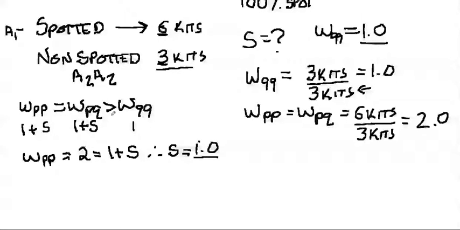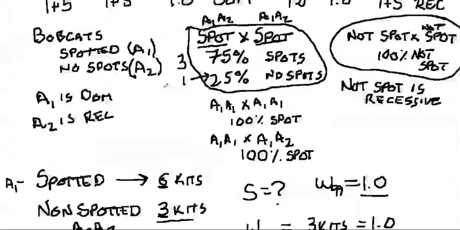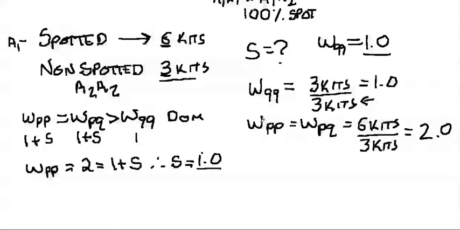We know that we must be selection for a dominance because we can see that not spot always leaves not spot, therefore it has to be recessive. Since spotted bobcats have more babies than non-spotted bobcats, selection must be favoring spotted bobcats.